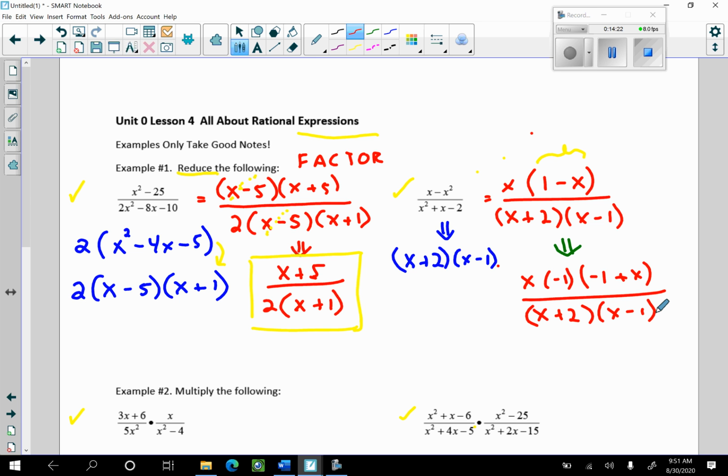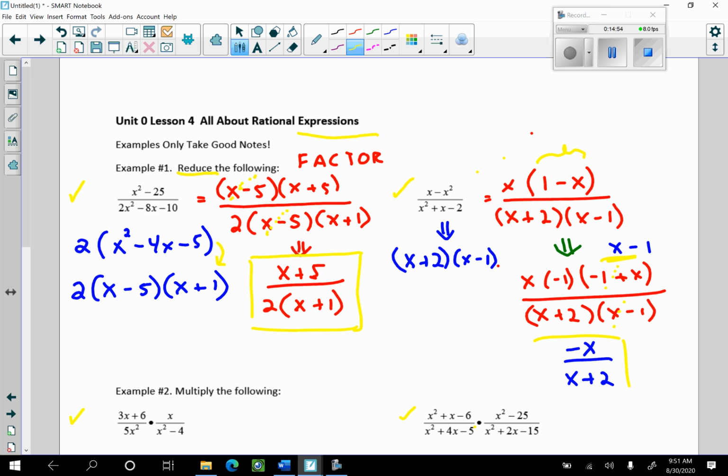Well, you should be able to see that this negative 1 plus x right here is the same as x minus 1, because I could rewrite this as x minus 1. So these are the common factors. What do I have left then? I have x times negative 1, which is simply negative x over x plus 2. That's a dandy.